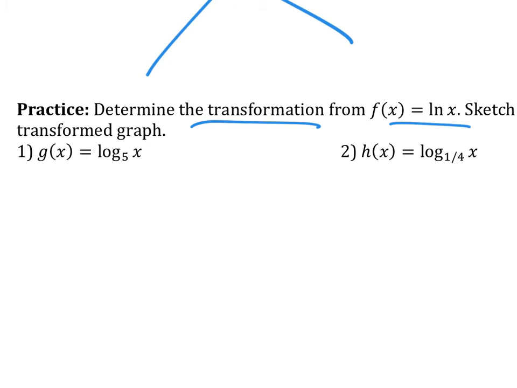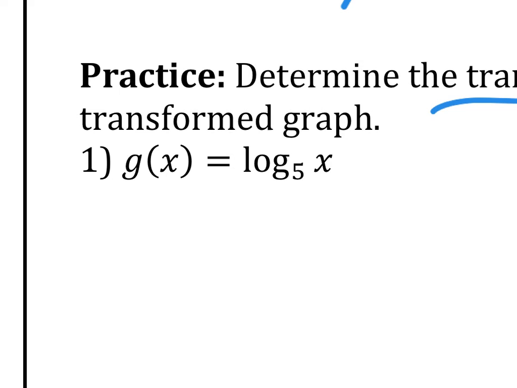What it's saying is, what is the transformation of this problem if this problem were a natural log x? Well, that just means that we want this to have natural logs inside. So we want to change this problem to a natural log x. So that requires a change of base. So natural log x over natural log 5.